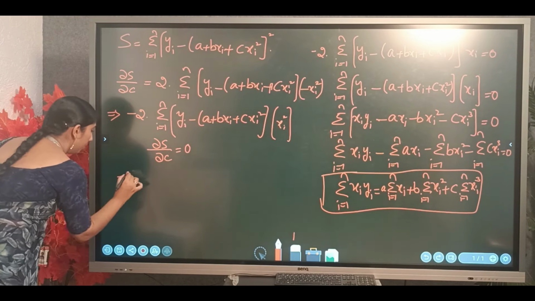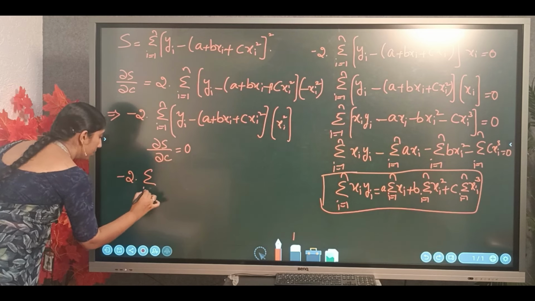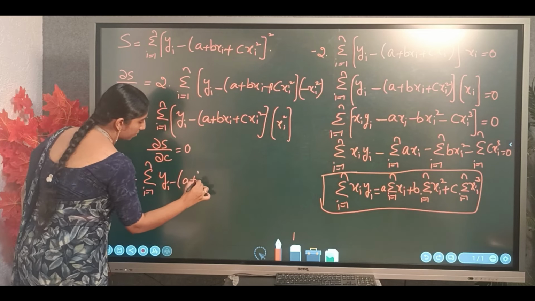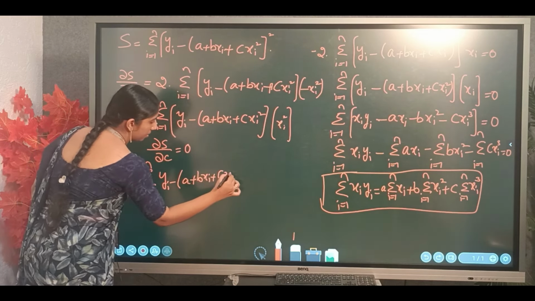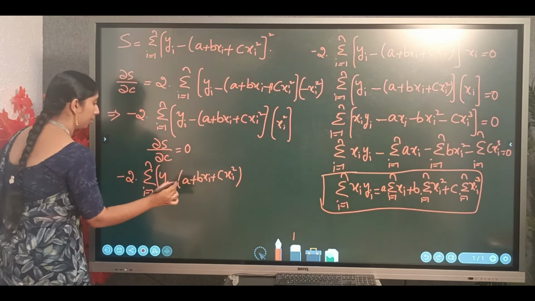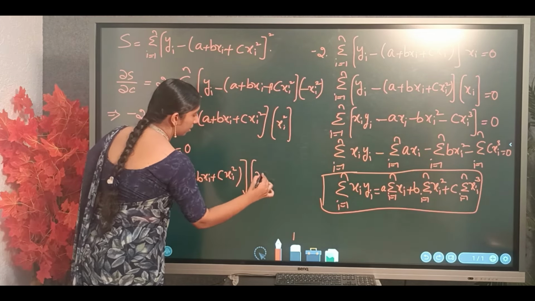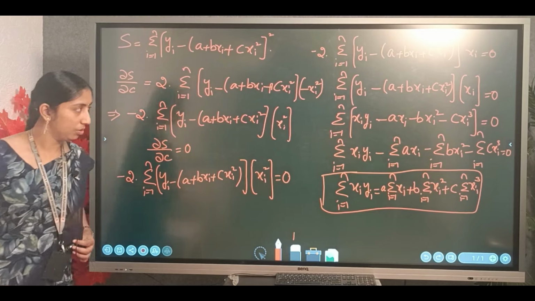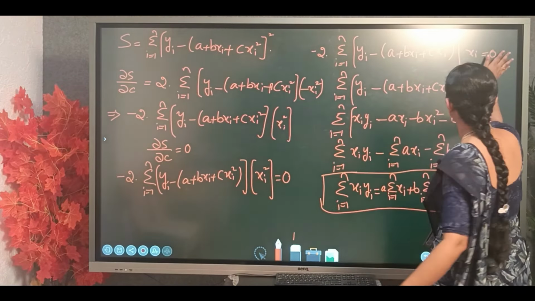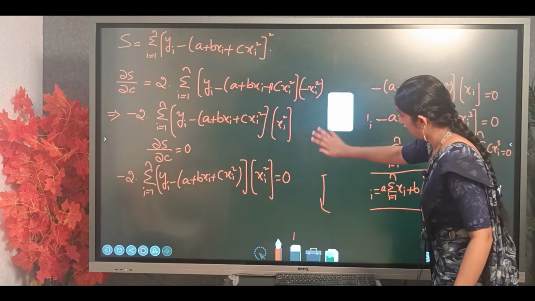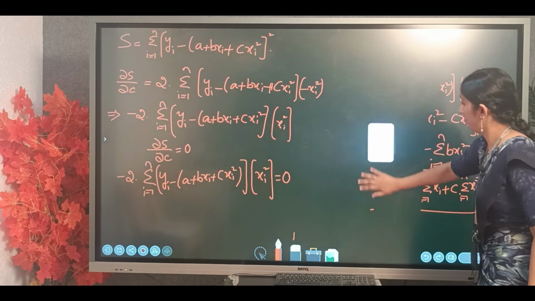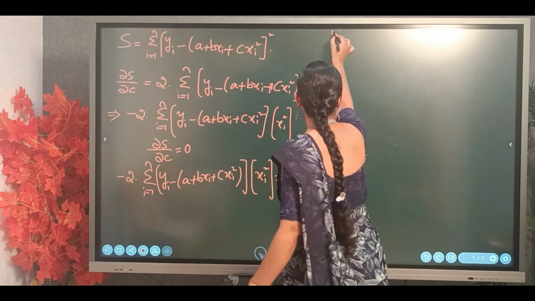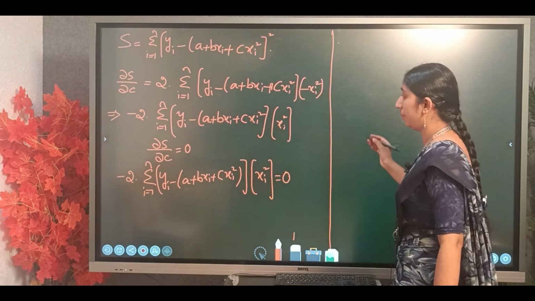So for this, minus 2 into summation i equals 1 to n of (yi minus (a plus b xi plus c xi squared)) into xi squared. Now we are equating to 0. So what will we get?